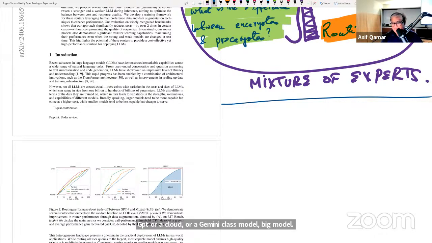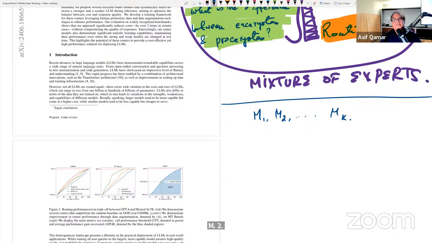In reality, this paper is trying to solve the possibility of models M1, M2, up to MK, such that you can just imagine that this is a series of more and more powerful models.